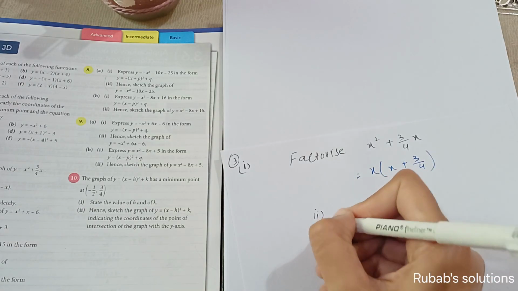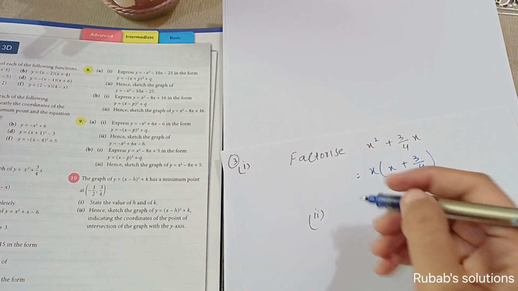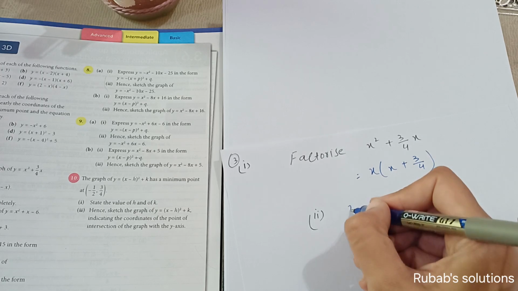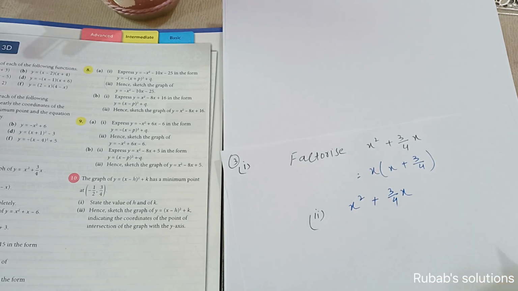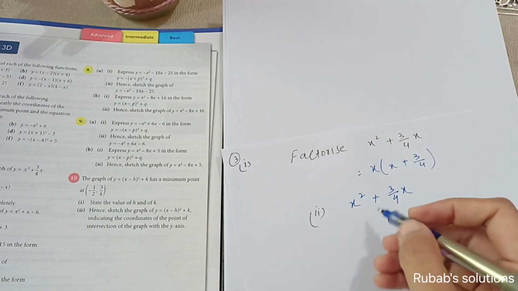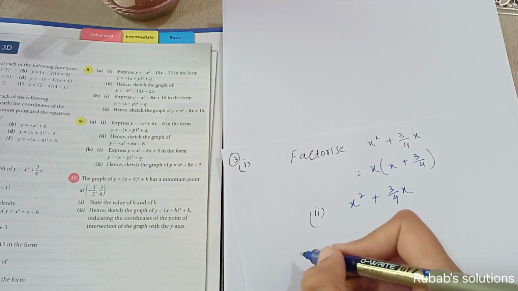For sketching the graph, obviously we have to use the completing square method, because this is not in factorized form. So first of all, we will do it either in the x minus h, x minus k form, or in the completing square method. So we can do this with the help of the completing square method.